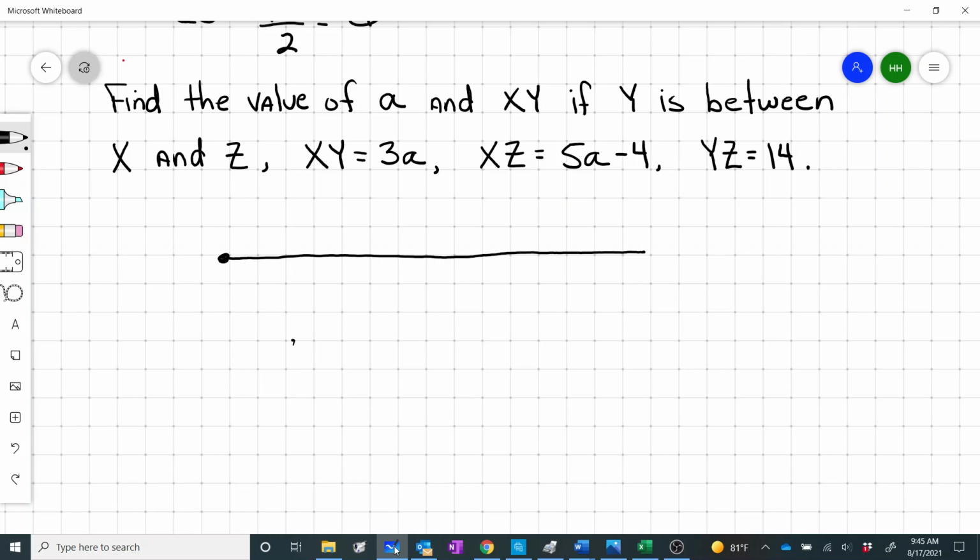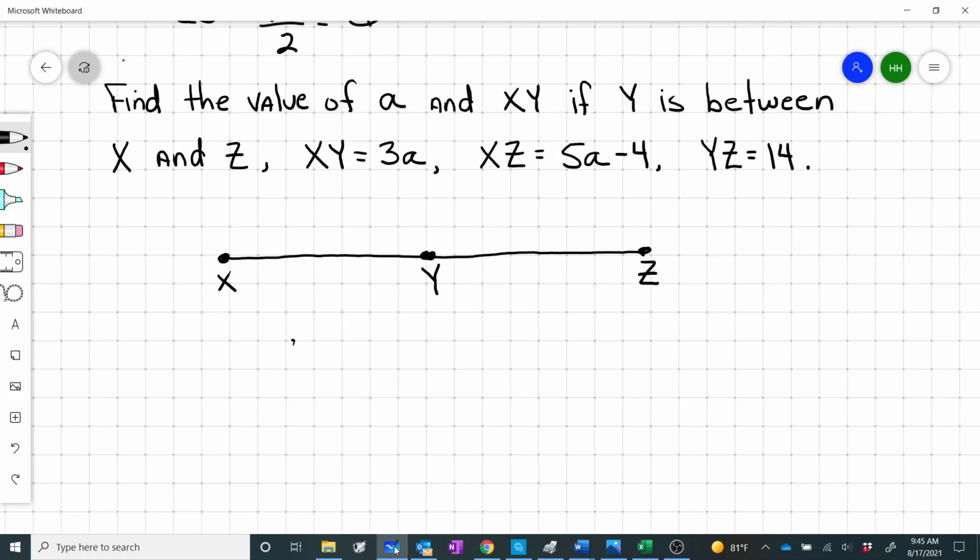Let's put X on one end and Z on the other end. And this description says that Y is between them, so put Y between them.